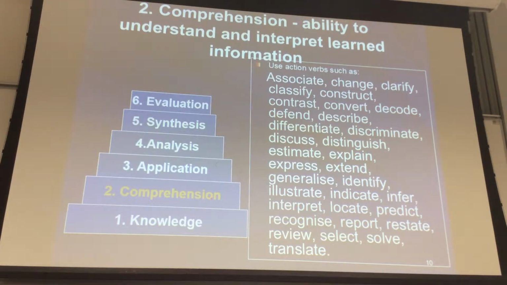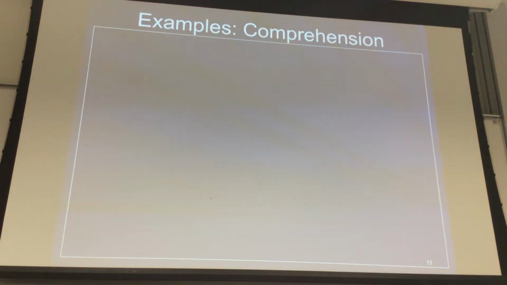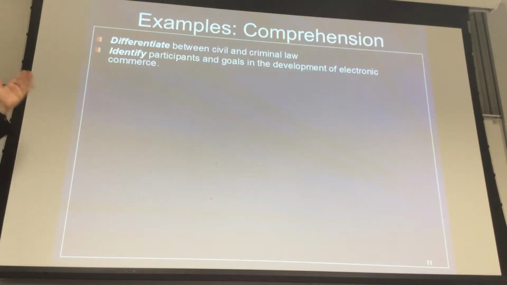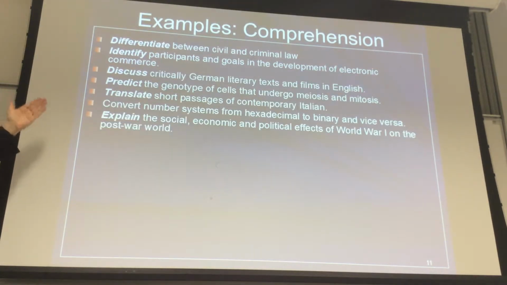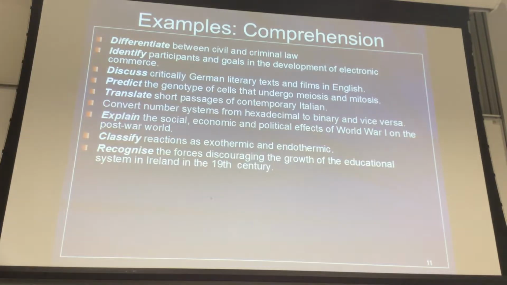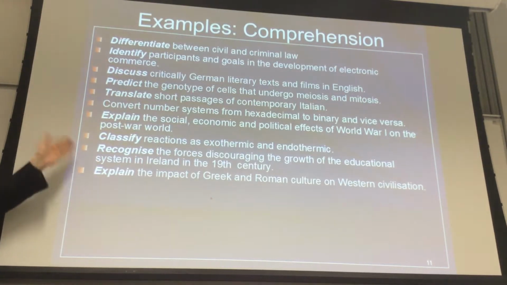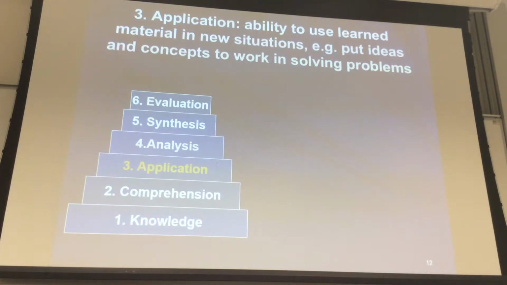So these are all examples of comprehension. And if we look at examples of learning outcomes: differentiate, identify, discuss, predict, translate, convert, explain, and so on. Again, all of these are examples of learning outcomes in the area of comprehension. I'm going to move through this fairly quickly, but you will have copies of this yourselves.